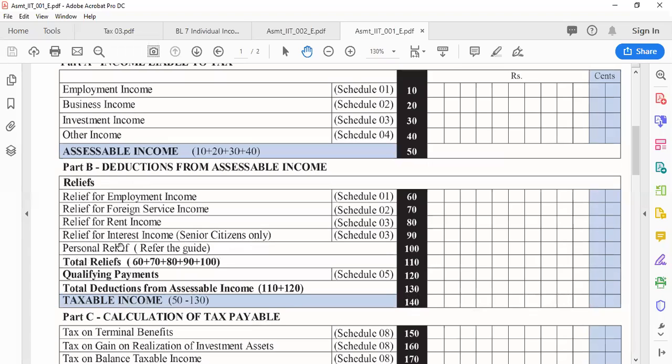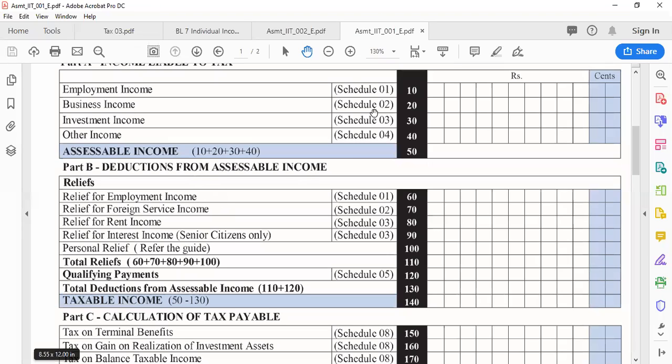And also we have to discuss qualifying payment, and then we will reach taxable income. Taxable income simply means assessable income minus relief and qualifying payment. Taxable income equals assessable income minus relief and qualifying payment.